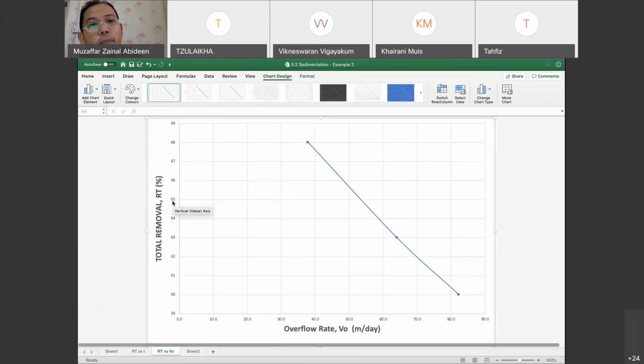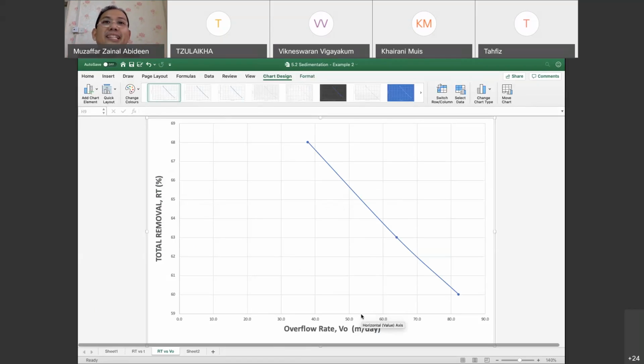So look at your 65% there, bring it here. So the V naught is actually a little bit more than 50, perhaps 52. Okay, 52. You remember the second type of question, they give you the efficiency, which is 65%, and you have to find out the V naught. So this is the V naught that you want to find. This is 52.